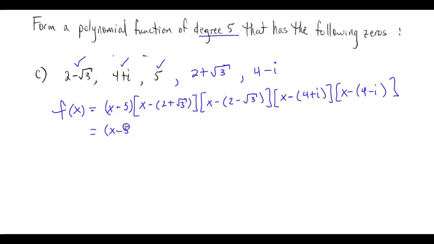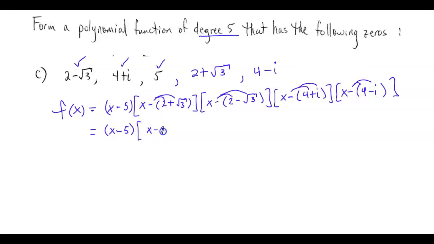So we have x minus 5 here. And what I'm going to do is distribute all these so that I can group them kind of like how I did in the previous example to make the multiplication a bit easier to do.